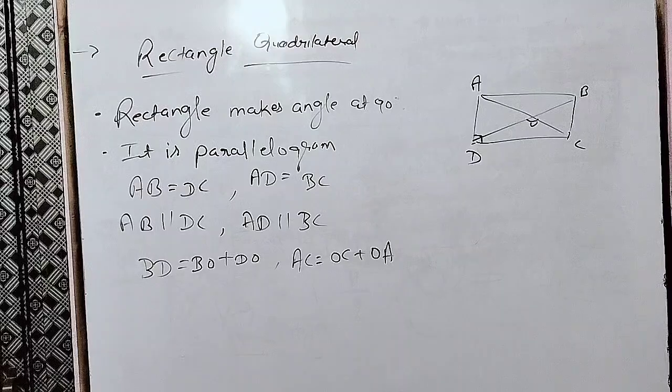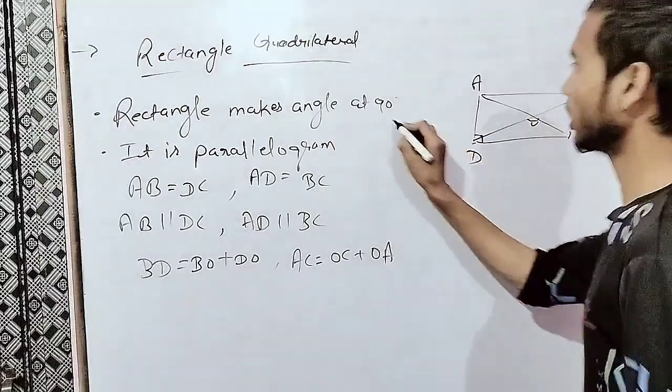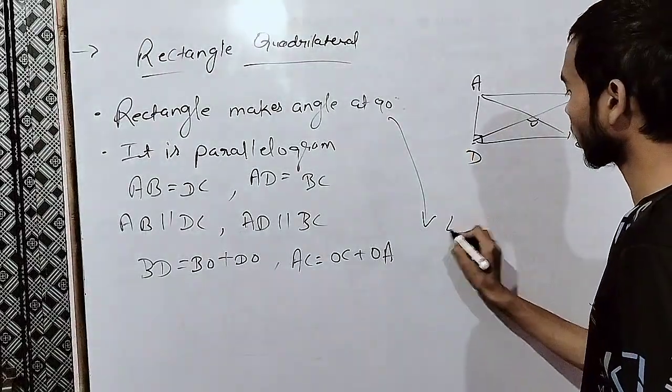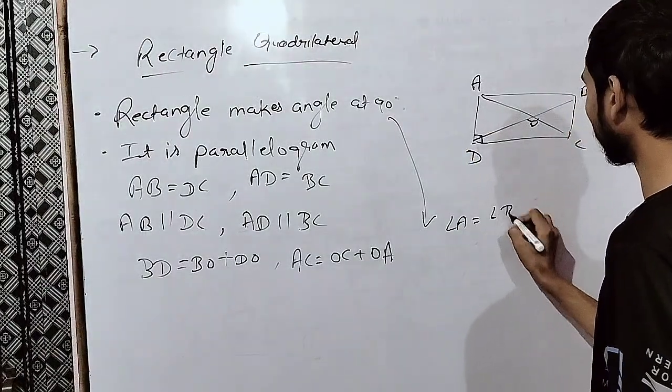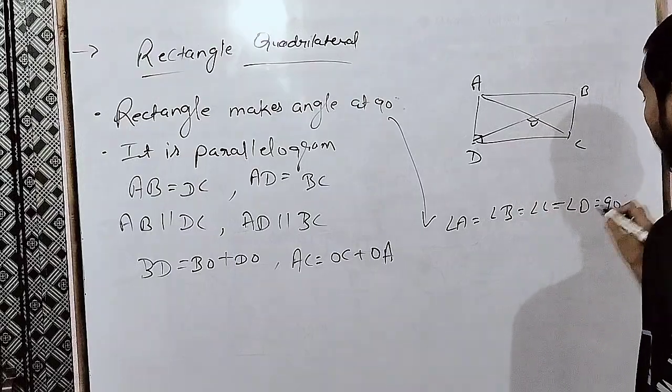What else? Here angle A, angle B, angle C, angle D are each 90 degrees.